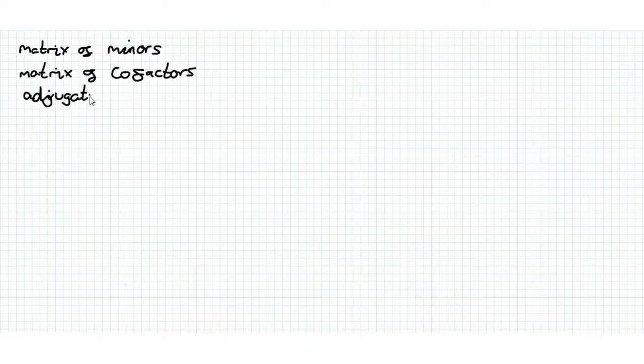And then next up we find the matrix of cofactors. Then we find the adjugate matrix.